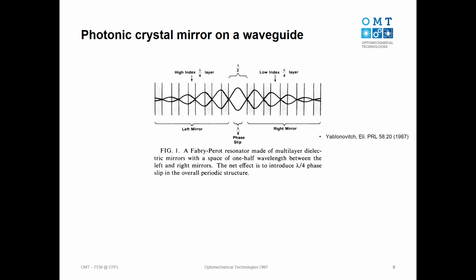Here he put a defect medium in the middle, and a periodic medium designed on this side and that side, and by this he has a defect mode, a mode that can propagate in the middle, but when it wants to propagate towards left and right, it gets total internal reflection to itself and destructive interference here, and so he designed one of the first forbidden band gaps for photonic structures.